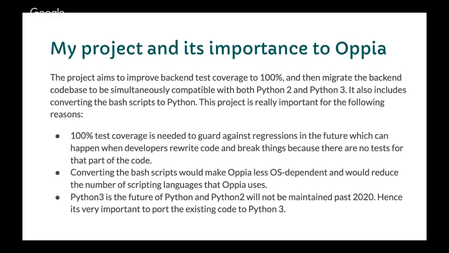And the third part of the project is converting the existing bash scripts to Python. This would make Oppia more OS independent, and it will also reduce the number of scripting languages that Oppia uses. Next slide, please.